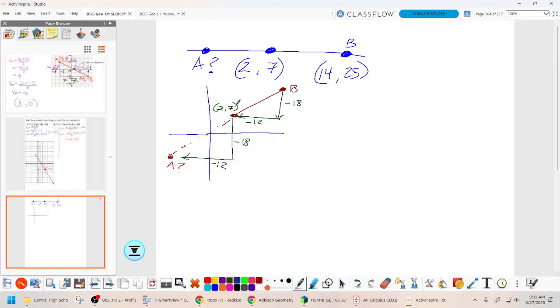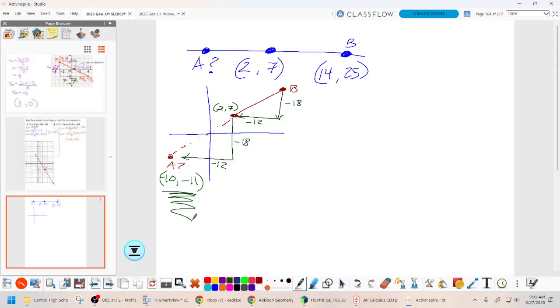So 7 minus 18 is negative 11. 2 minus 12 is negative 10. So our suspicions were correct that it was down here, both negative, kind of far down in that third quadrant. So our coordinates of A are negative 10, negative 11.